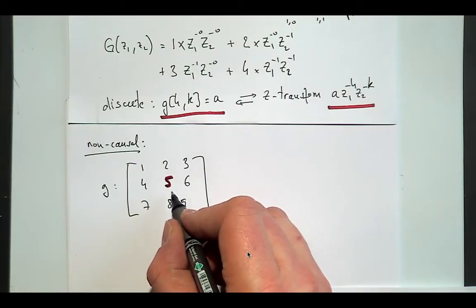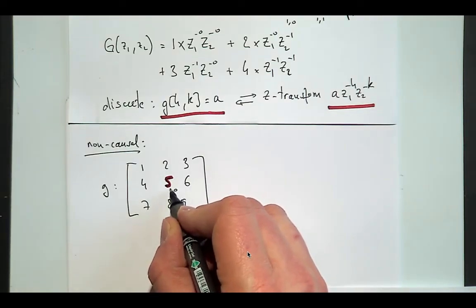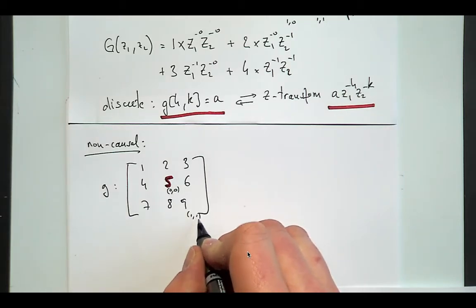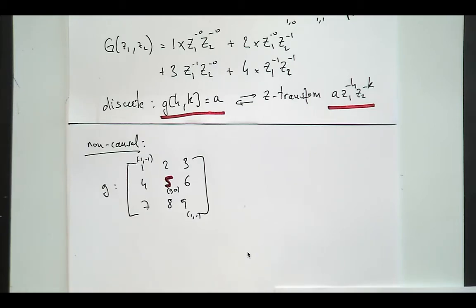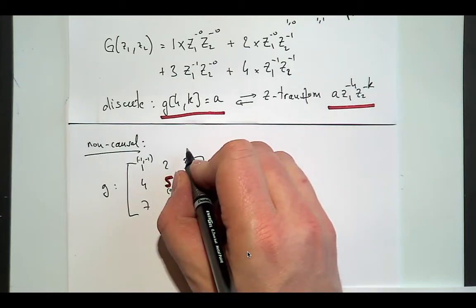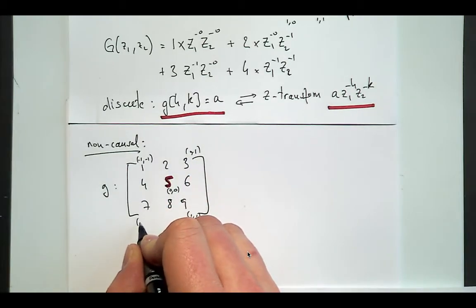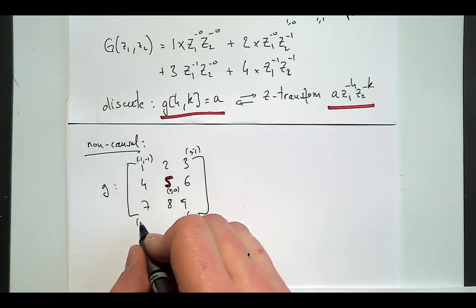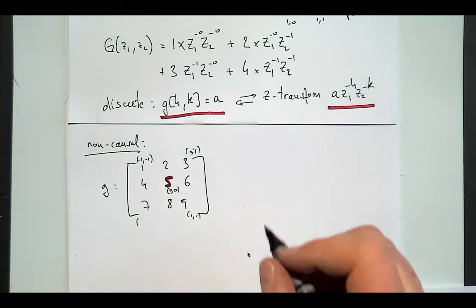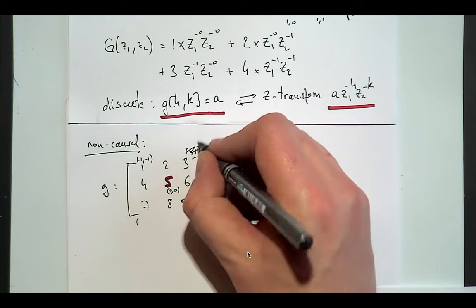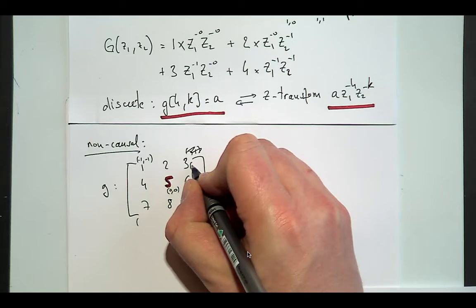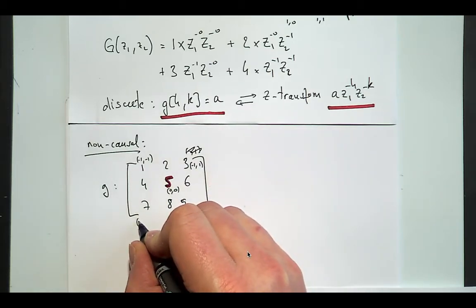So we're going to assume that this is coordinate 0,0. This will be coordinate 1,1. This will be coordinate -1,-1. Okay, and this one will be 0,1, and this one will be, no sorry, 0,-1, yes. This one is -1,1, and this one is 1,-1.